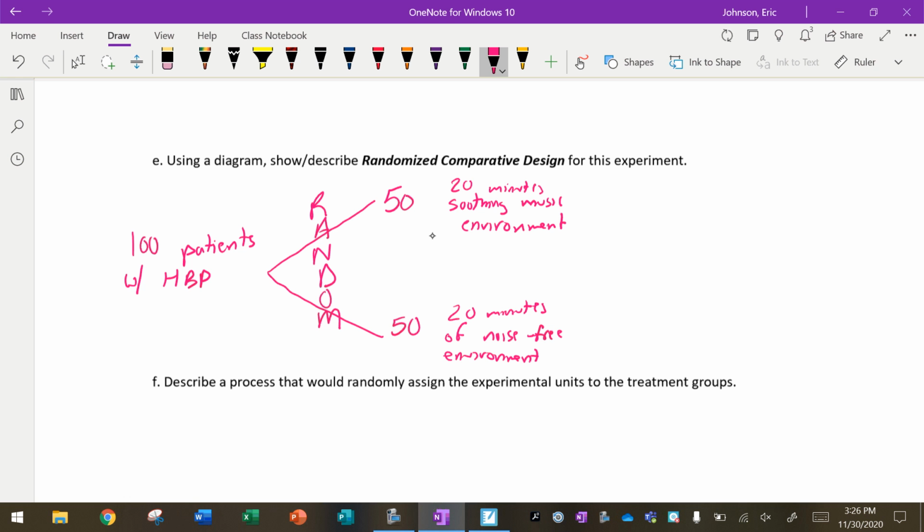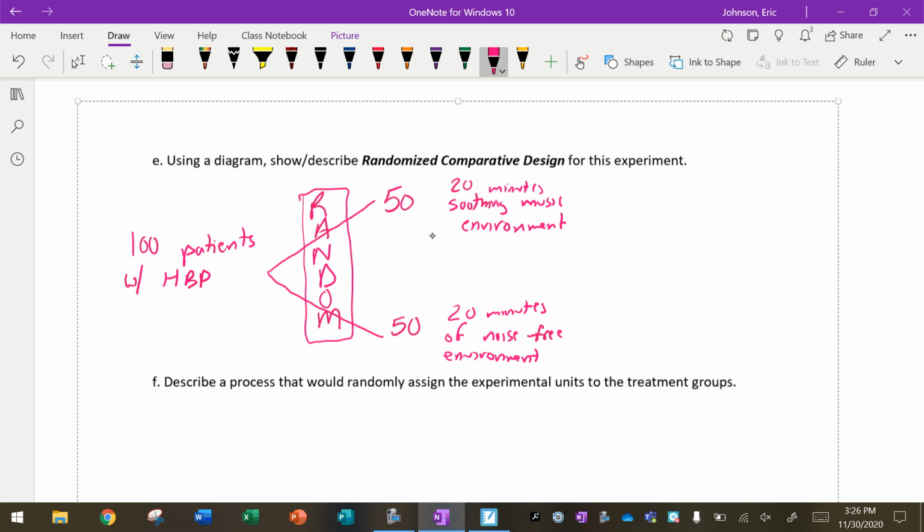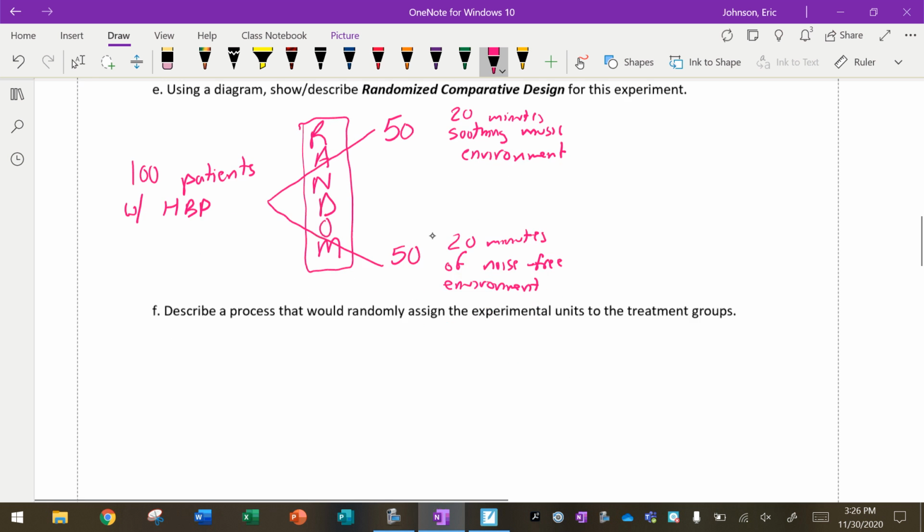This randomization is key because it says we're going to do this randomly. We'll describe a process in just a second. And then we identify very clearly what the treatments are.